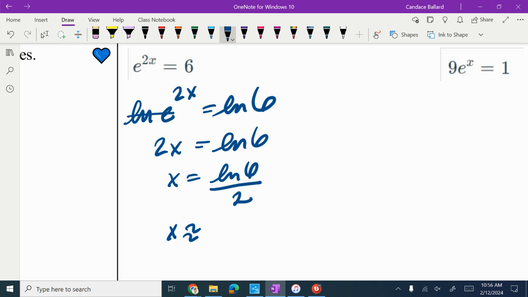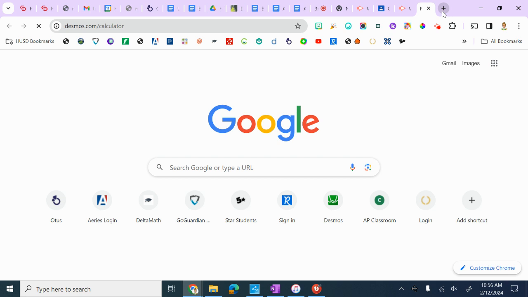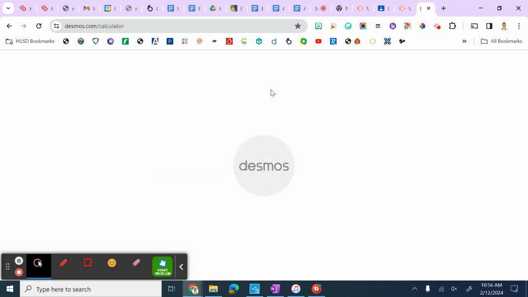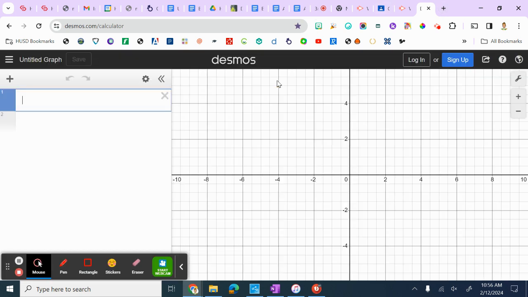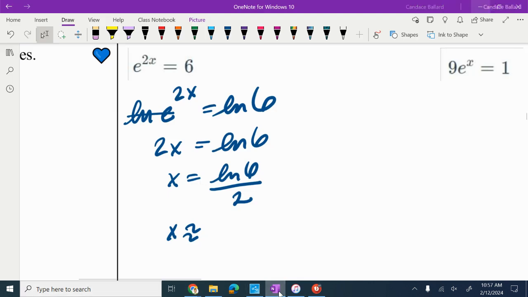All right, so we're now going to go ahead and use our calculator. Remember, if they ask for exact value, I would stop. If we don't ask for exact value, we want you to use your calculator. So we're going to go to Desmos. Everybody get to Desmos for me. You have to learn to put this in. All right, so the natural log of, where were we at? I lost it. 6 divided by 2.